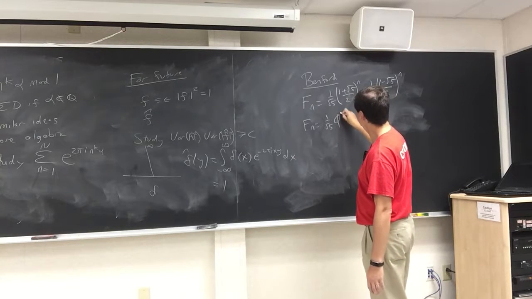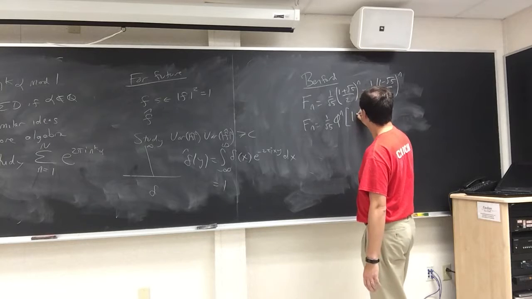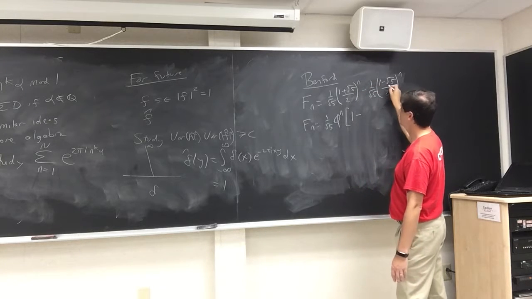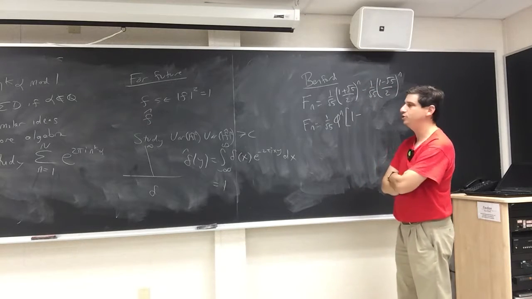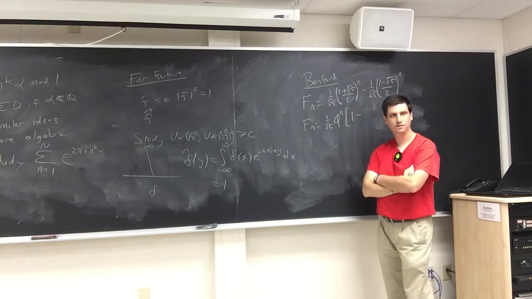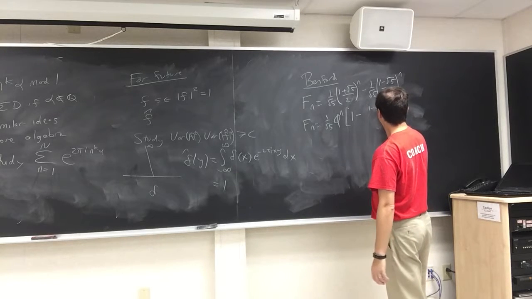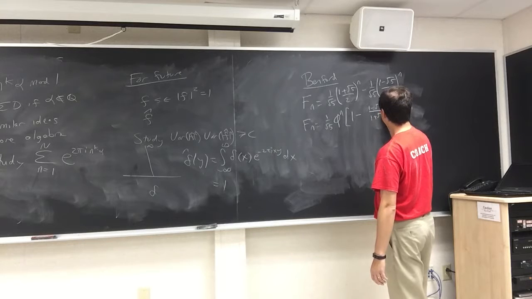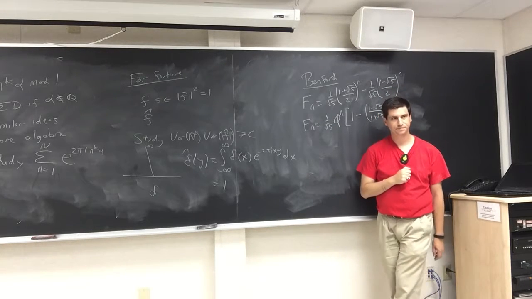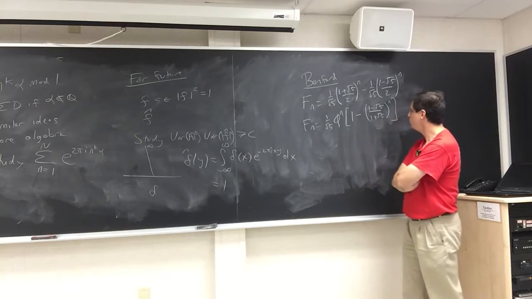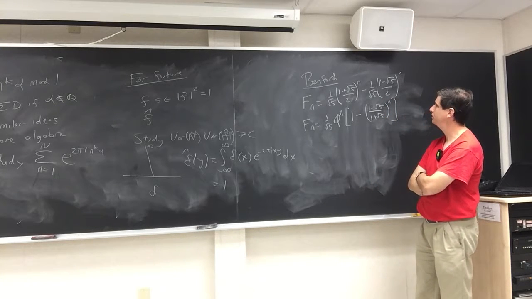So golden mean to the n, 1 minus, and it'll be (1 minus root 5 over 2) over (1 plus root 5 over 2). So it'll be 1 minus root 5 over 1 plus root 5 to the n. Okay? What's 1 minus root 5 over 1 plus root 5?